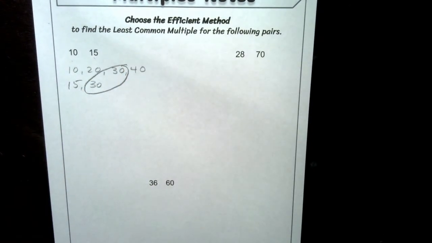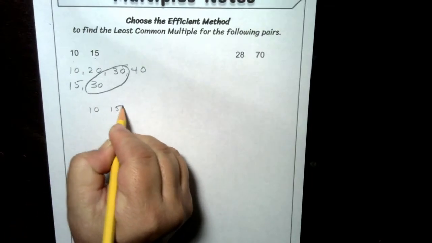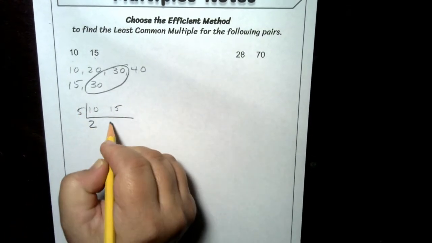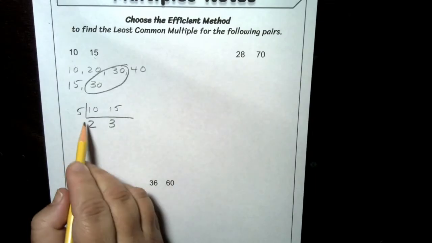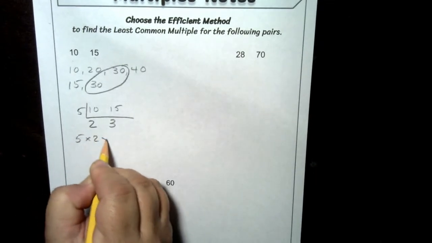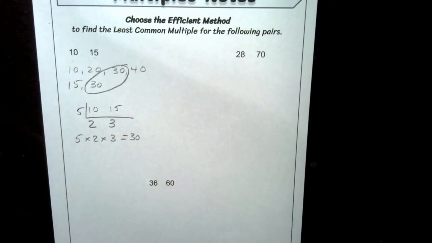So that way was pretty efficient. I could have said, okay, they share a 5. 5 times 2 is 10. 5 times 3 is 15. There's nothing left here. So I'm going to do 5 times 2 times 3, which is also 30. So I think with these two numbers, either method is efficient.